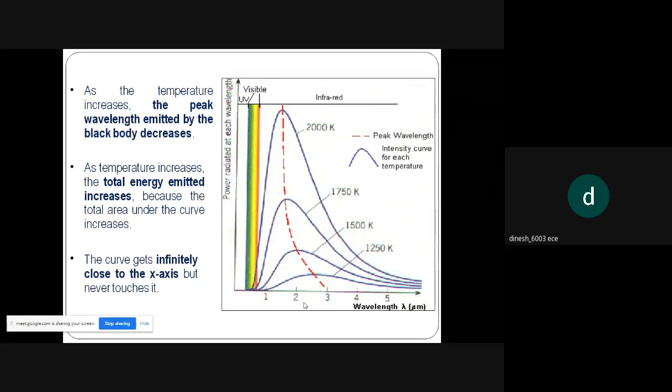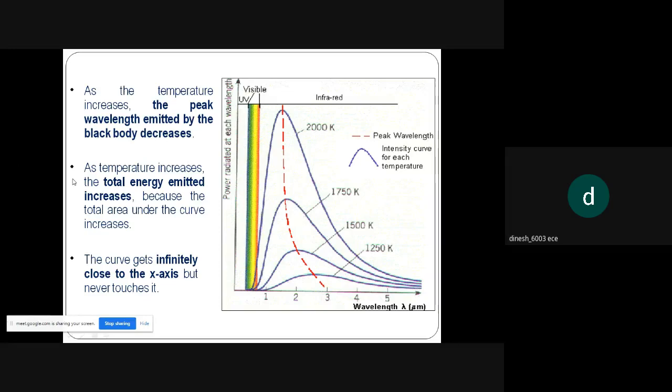You can see in the graph, temperature is increasing: 2000 Kelvin, 1750 Kelvin, 1500 Kelvin, 1250 Kelvin. As the temperature increases, the peak wavelength emitted by the black body decreases.